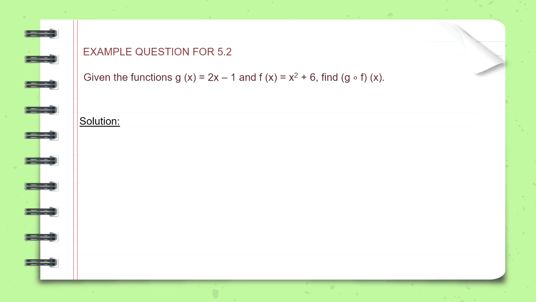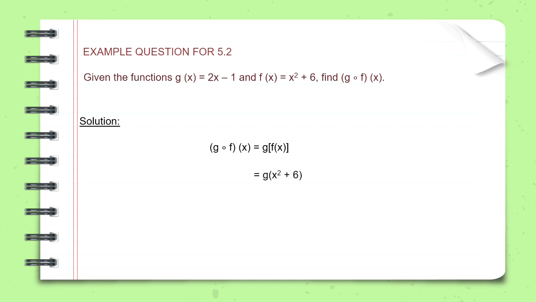Next example question for 5.2 composite function. Given the functions g(x) equals 2x minus 1 and f(x) equals x squared plus 6, find function g of f of x. So the solution, this is another notation of g(f(x)).